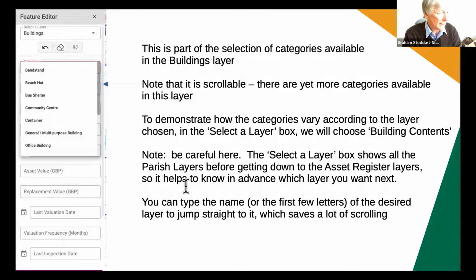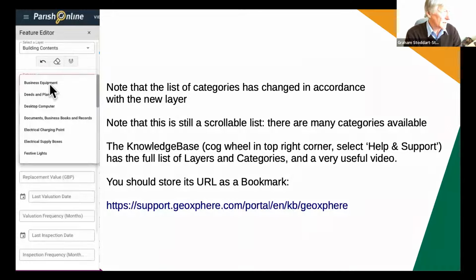It hasn't happened yet. So let's just change this from buildings to building contents, and you'll see that, lo and behold, the category list has changed as well. Now, the place to go to get the full list of all these categories is in the knowledge base, which happens to be a very good entry for the asset register.